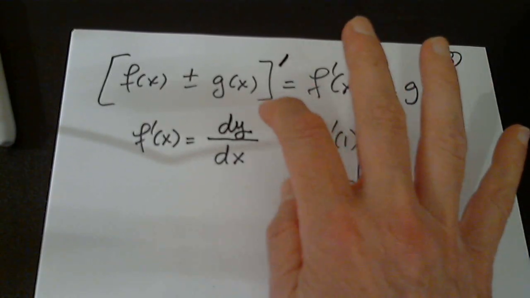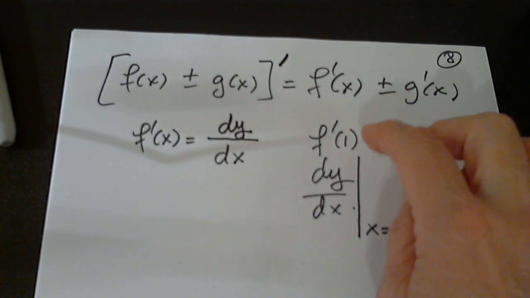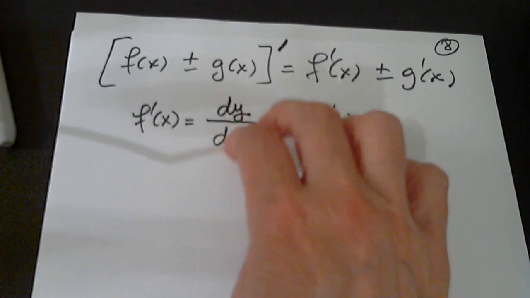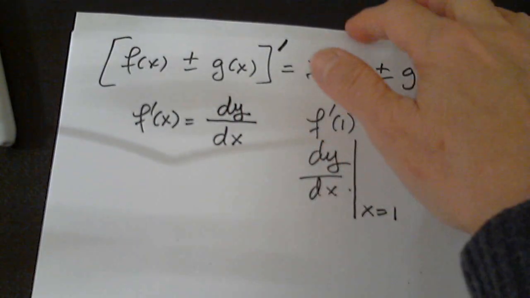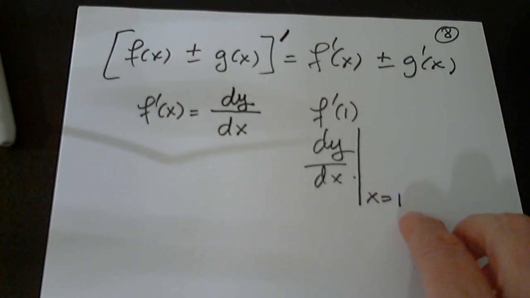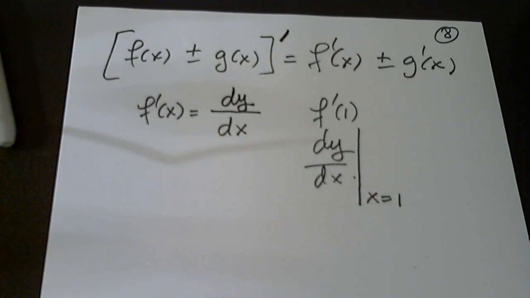It's the derivative of y with respect to x. So f prime of 1, if I want to evaluate, it's a little bit more cumbersome to write. It's dy over dx evaluated when x is 1, because there is no way to put parentheses. So it's the same thing. It's just a different notation.